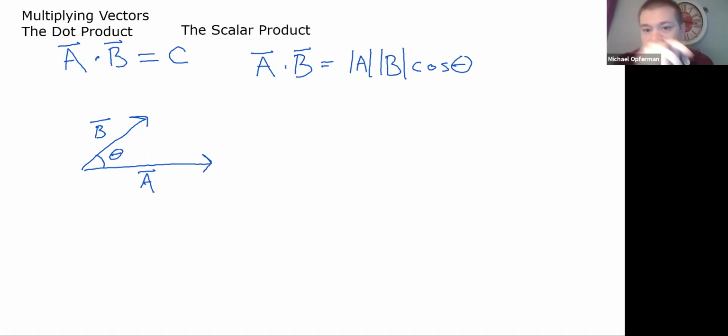One of the most common mistakes in using this formula is people will take some other angle that's given in the problem and assume that that's theta. Not necessarily. It has to be the angle that goes from vector A to vector B, or vice versa.